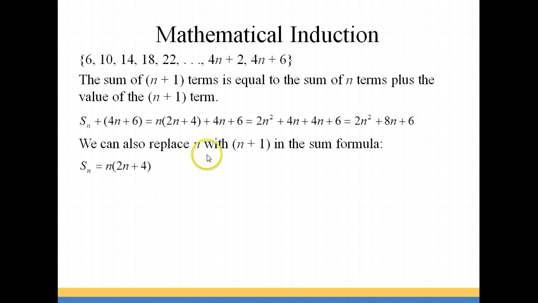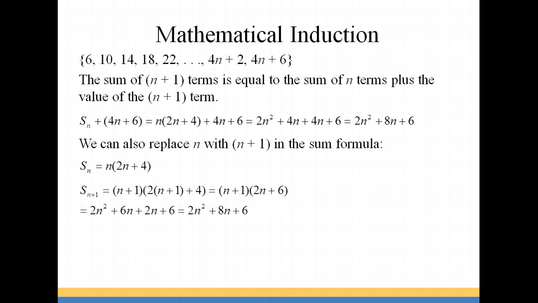You can also replace n with n plus 1 in the sum formula. So here was our original sum formula for n terms. We're going to find the sum of n plus 1 terms by replacing n with n plus 1. So everywhere we have an n in the original sum formula, we're going to substitute n plus 1.